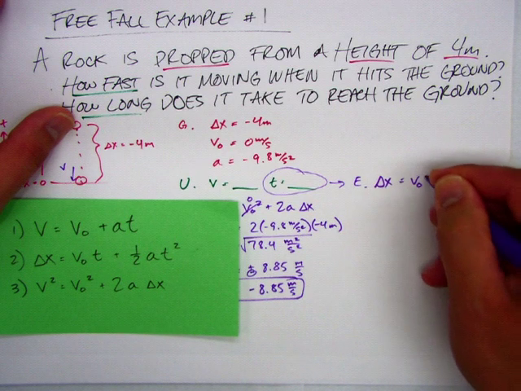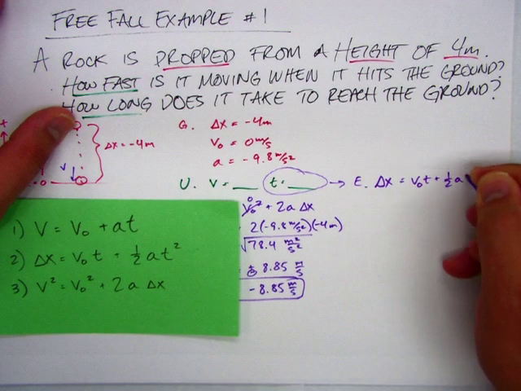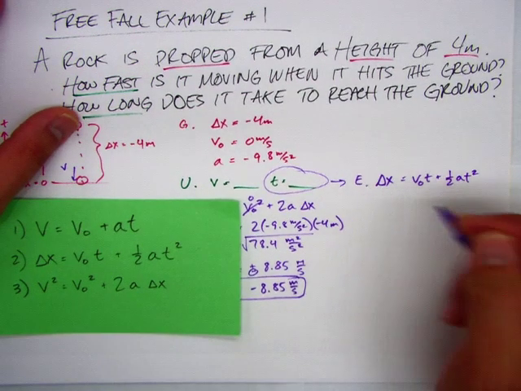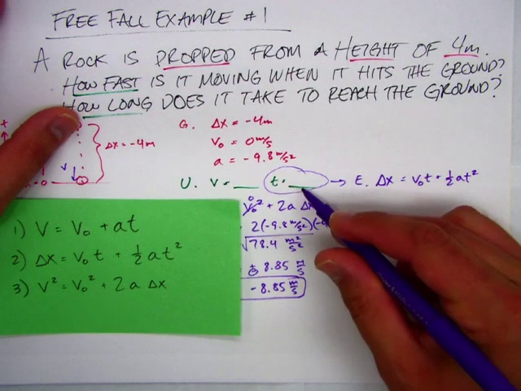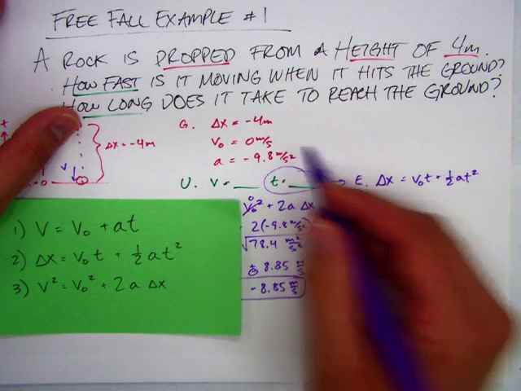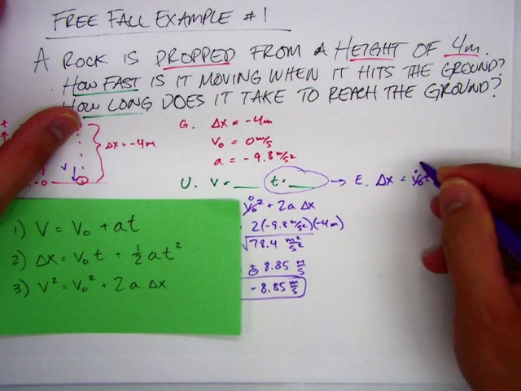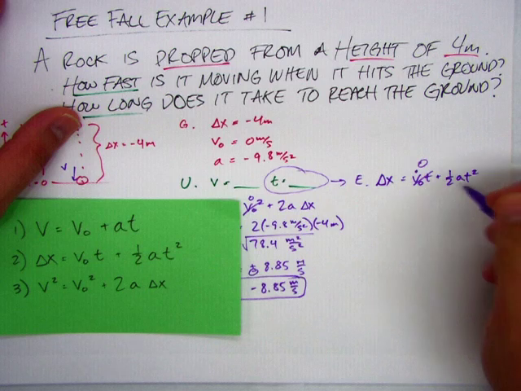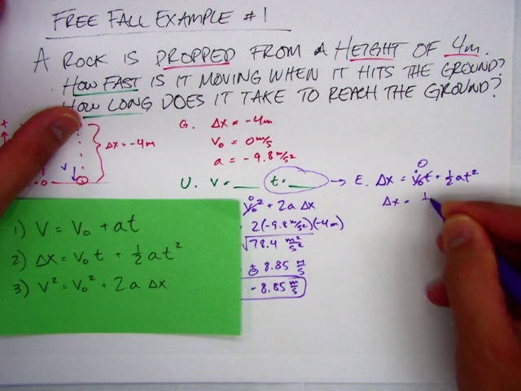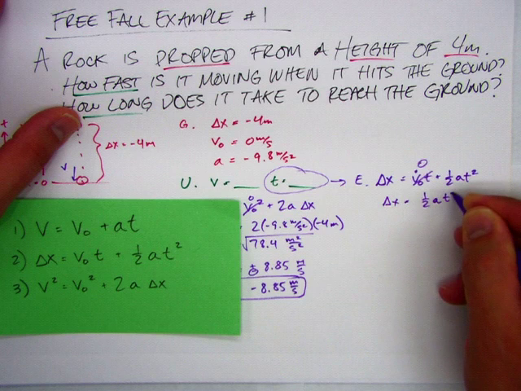So delta x equals v naught t plus 1/2 a t squared. I'm solving for t, so I've got to simplify this. Well, first of all, v naught is 0, so this whole term becomes 0. So let's do delta x equals 1/2 a t squared.